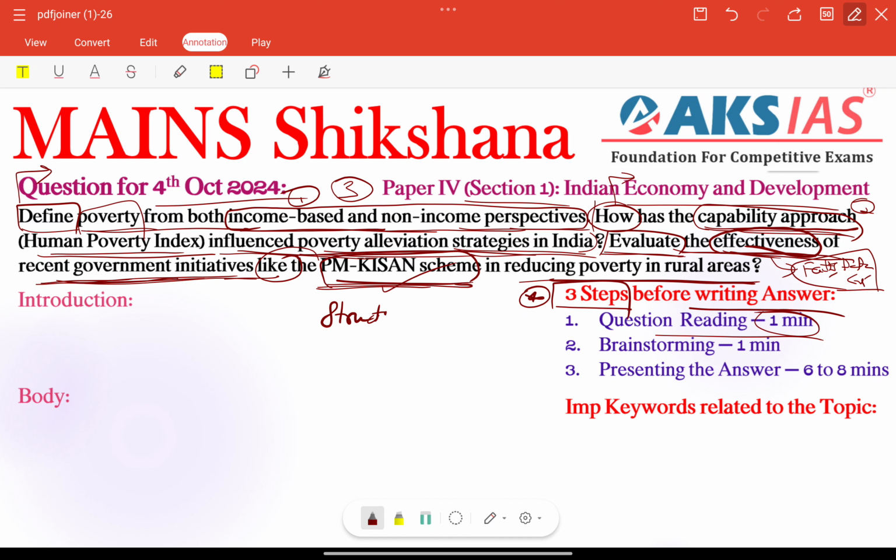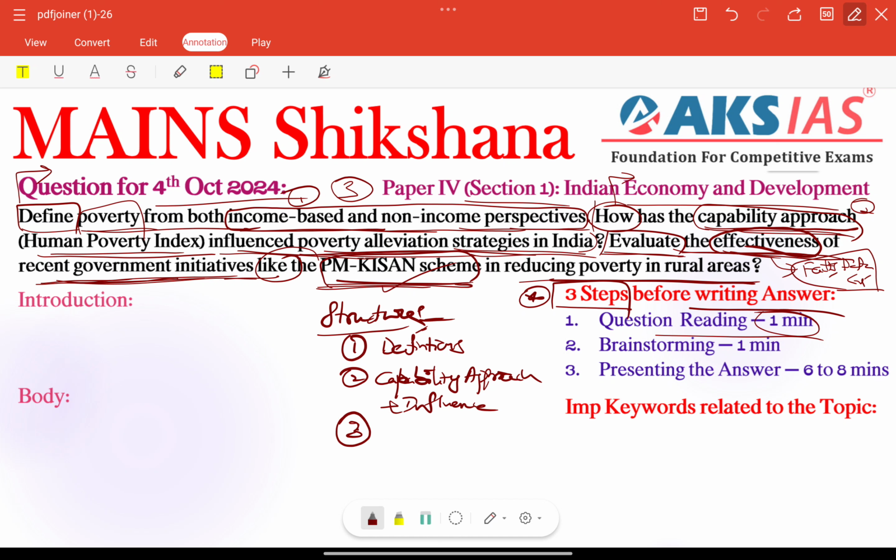Here we can create a structure from the identified keywords. First important thing is definitions of poverty especially. Second important thing is the capability approach, right? Capability approach is very important here. We need to connect the influence in the second part as well, right? That is also very important.